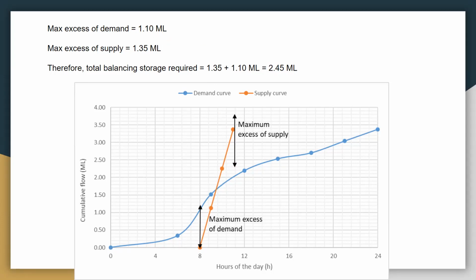Balancing storage is to compensate for the supply that is not matching with the demand. Whatever storage has to be provided excessively is what is called the balancing storage. So here, through the balancing storage method, this is how we do the calculation and get the answer.